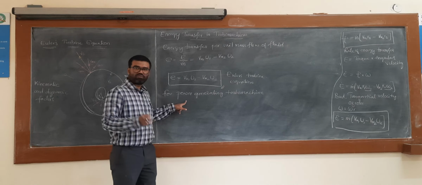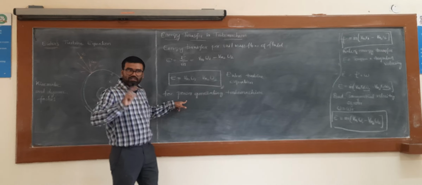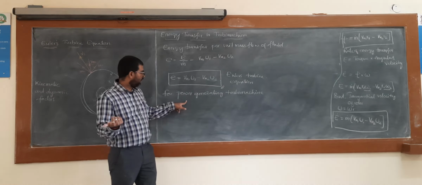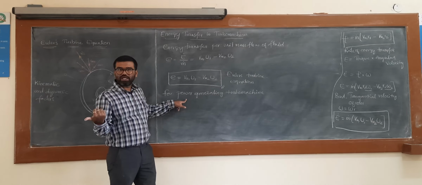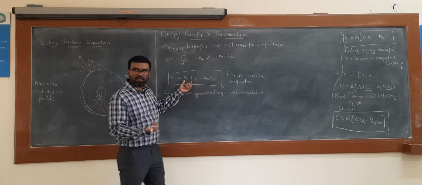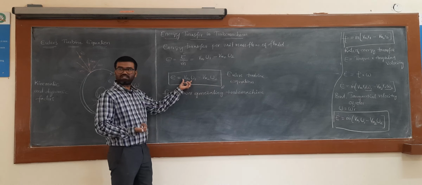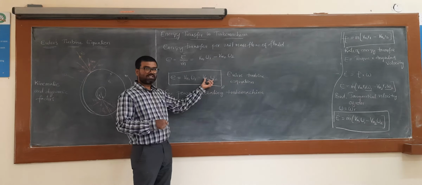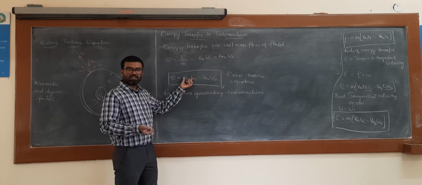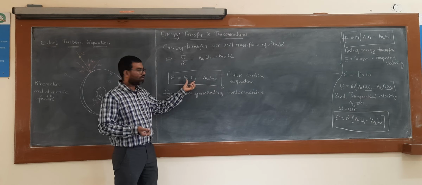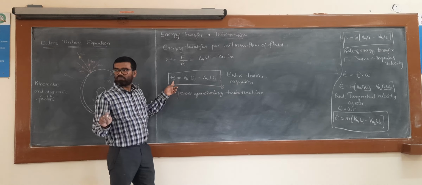Here the fluid energy is converted into mechanical energy, which means the fluid energy at the inlet is greater than the fluid energy at the outlet. Whatever terms are there, VU1 U1 is the fluid energy at the inlet of the rotor and VU2 U2 is the fluid energy at the outlet of the rotor. So for power generating turbo machine, the fluid energy at the inlet VU1 U1 is greater than VU2 U2 and energy transfer is positive.